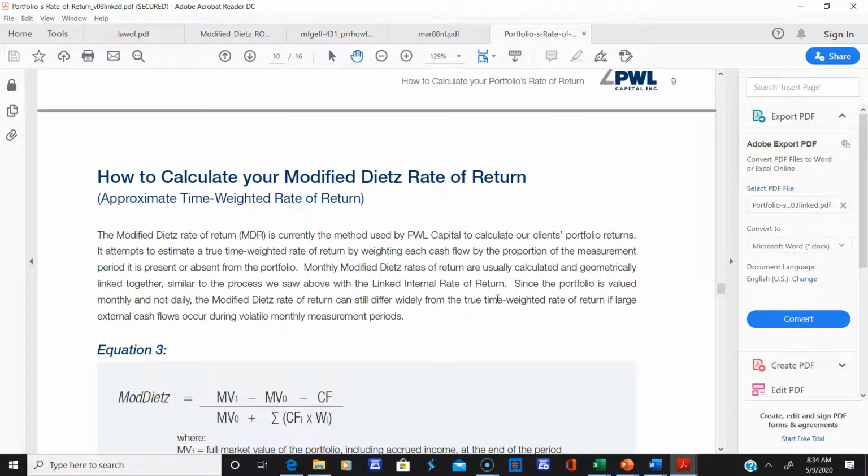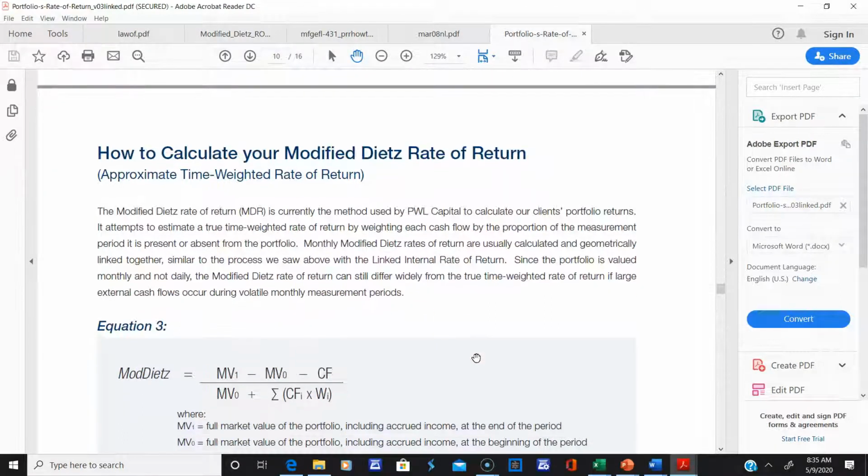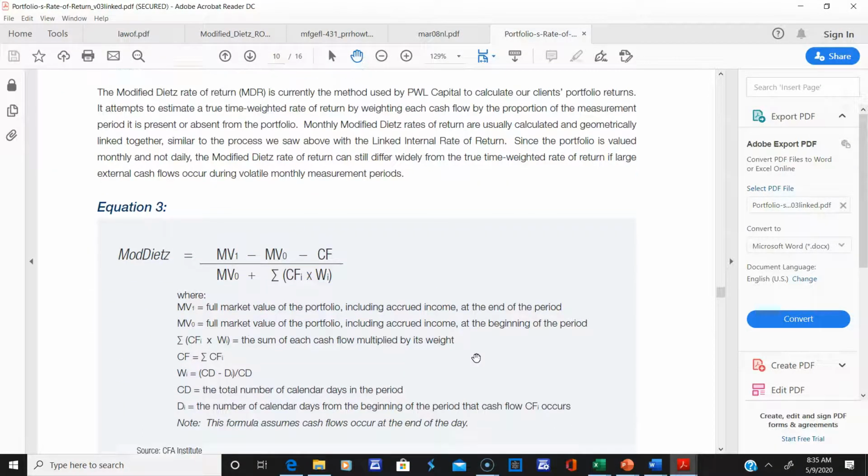This is a great article. It has many rates of return, by the way. Since the portfolio is valued monthly and not daily, the modified Dietz rate of return can still differ widely from the true time-weighted rate of return if large external cash flows occur during volatile monthly measurement periods. They echo what you saw in the other one. So just wanted to show you.